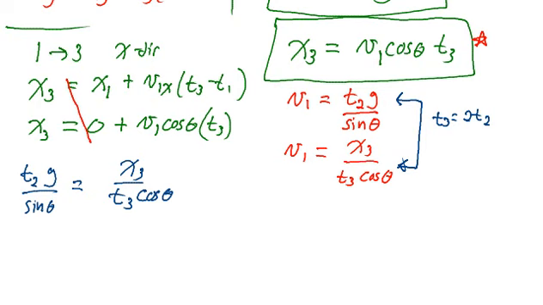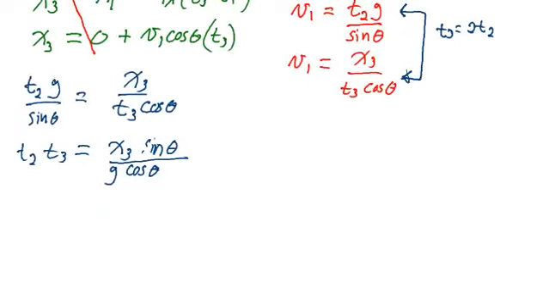Now I'll cross multiply, so I get t2 times t3 equals x3 sine of theta divided by cosine of theta multiplied by g. So the g comes downstairs, the sine goes upstairs. On the left-hand side, t2 is equal to 1/2 of t3.